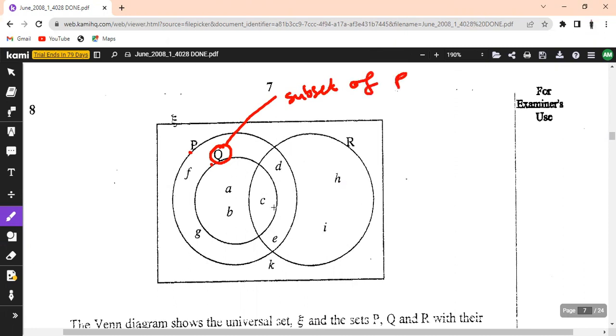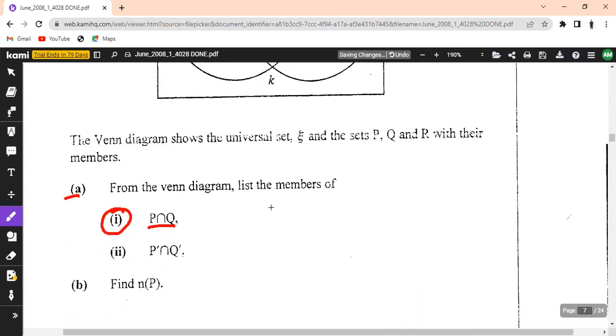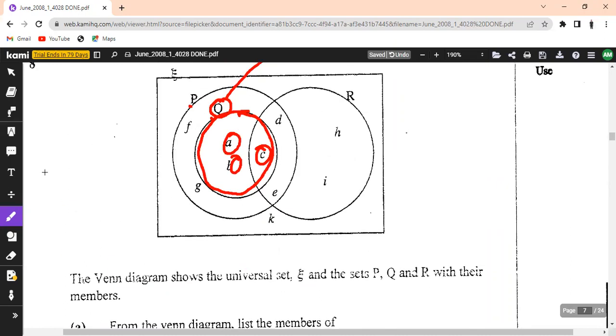Of P. Okay, so meaning to say, what is in Q? These elements in Q, that's your intersection whenever you're dealing with a subset. So A, B, and C, that's your intersection whenever you're given a subset like that. So we said we've got A, B, and C. All right, so that's it for this particular question. I think it was also direct, this one.